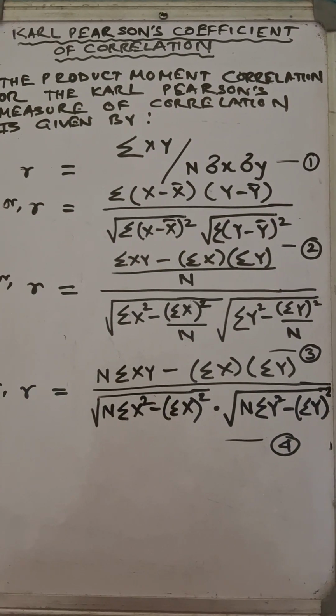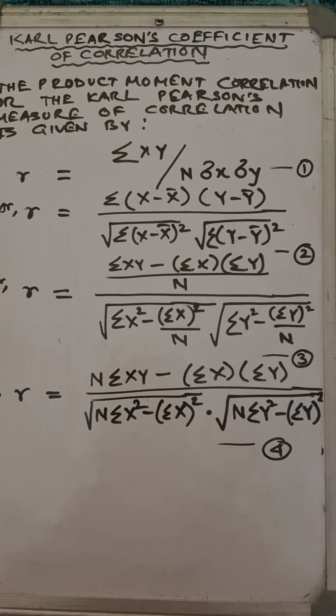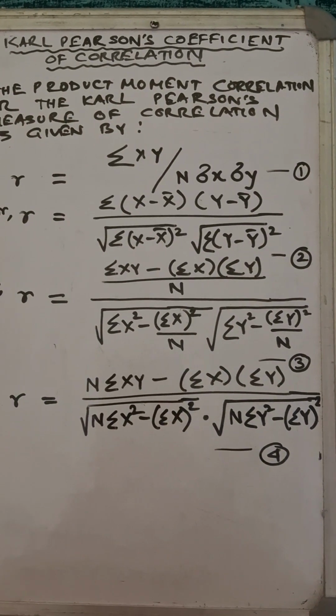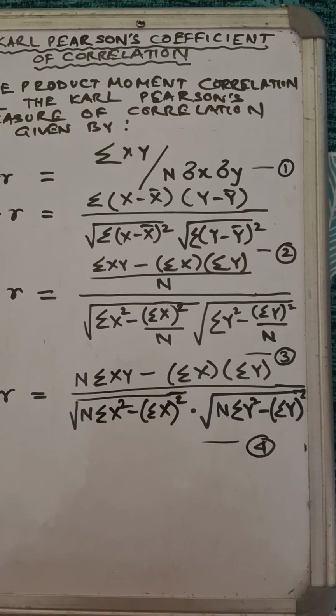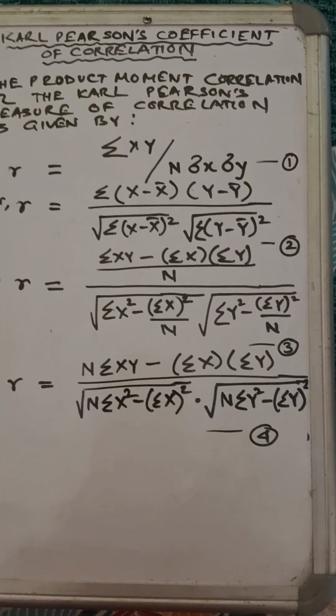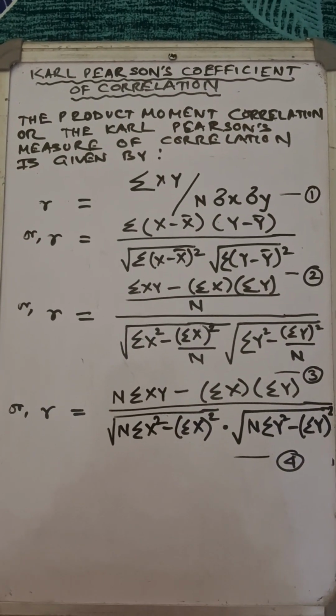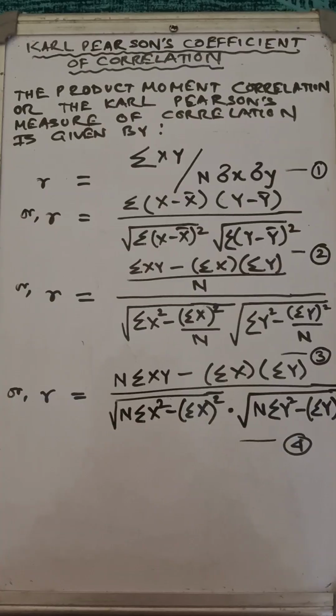Again we break r down, and we get r equal to summation of xy minus summation of x into summation of y by n, divided by root over summation of x square minus summation of x whole square by n, into root over summation of y square minus summation of y whole square by n.